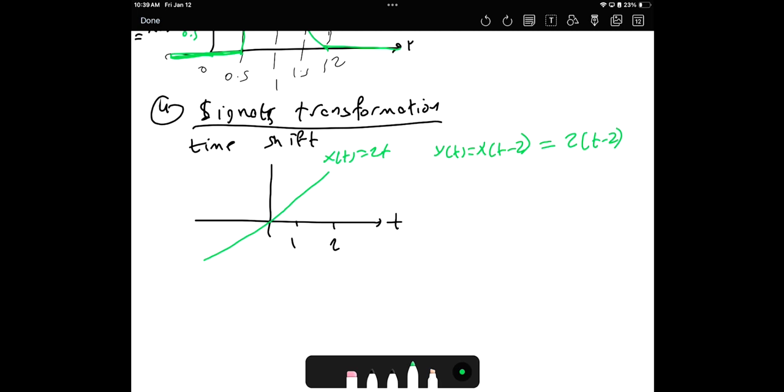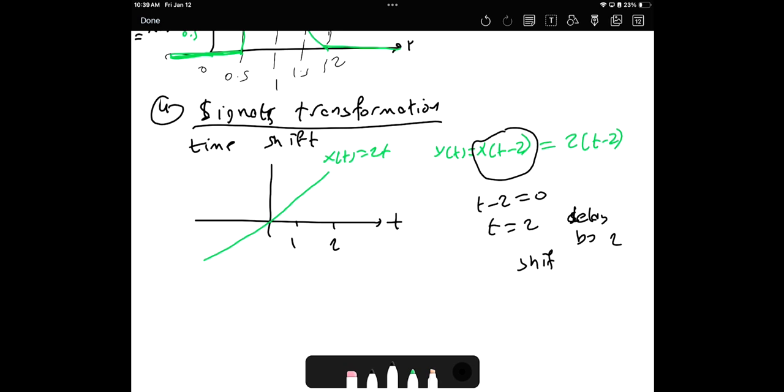So what will happen in the time shift? You will look at what is inside here. It is t minus 2. Make it equal to 0. So t equals 2, therefore means delay by 2, or shift right by 2.